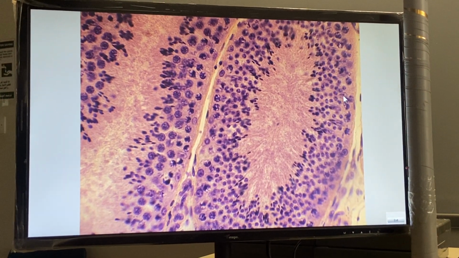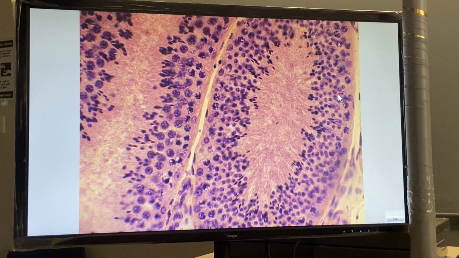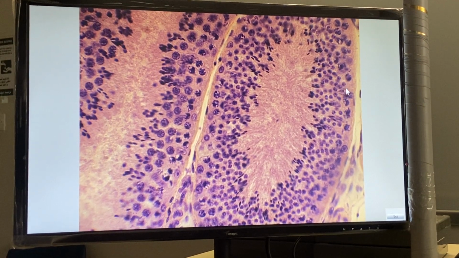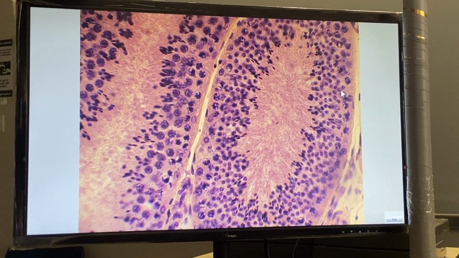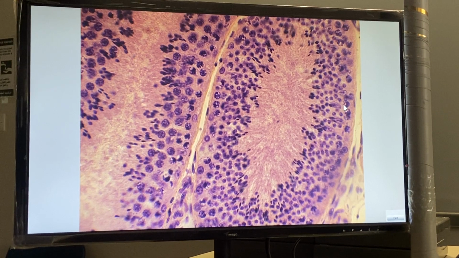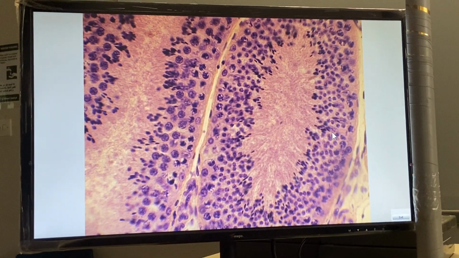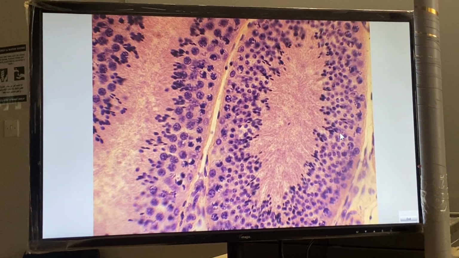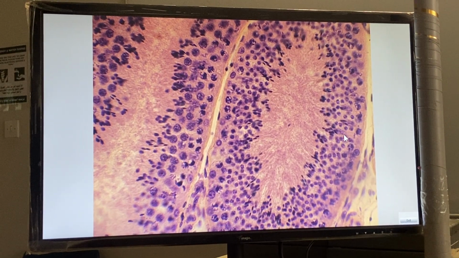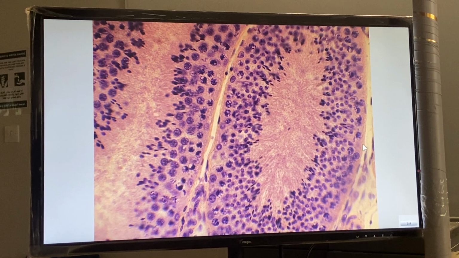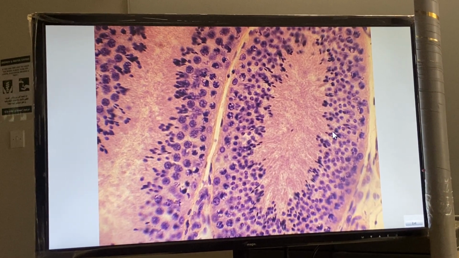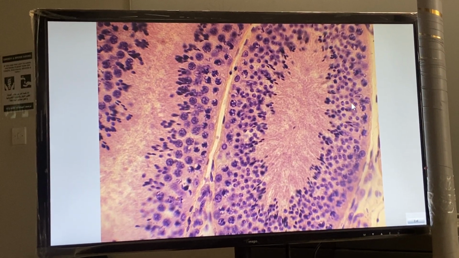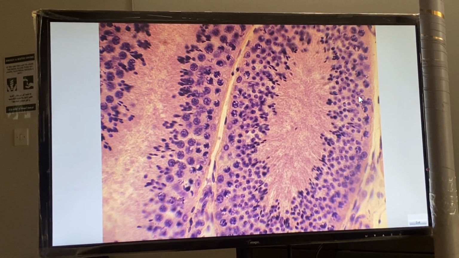Sertoli cell is tall, columnar, or pyramidal in shape. This is another one. Sertoli cell, tall, columnar, or pyramidal in shape. Adhere to the basement membrane and extend to the lumen. Sertoli cell.